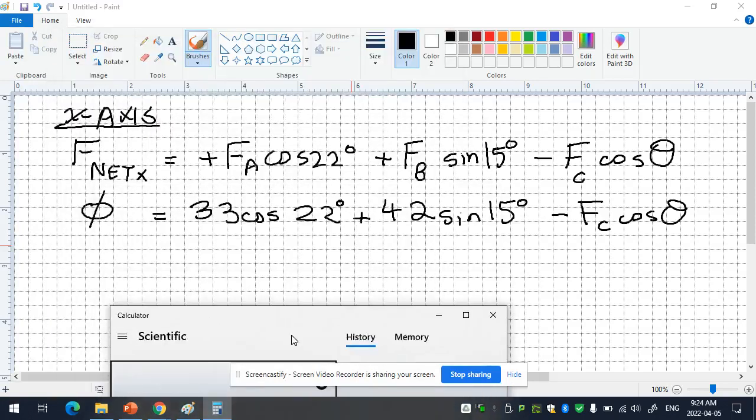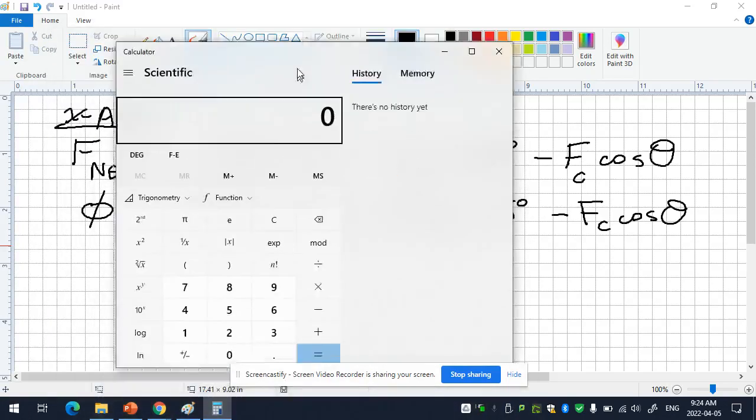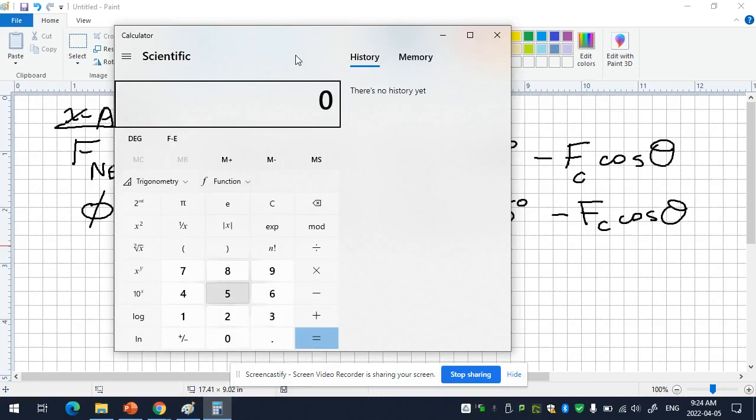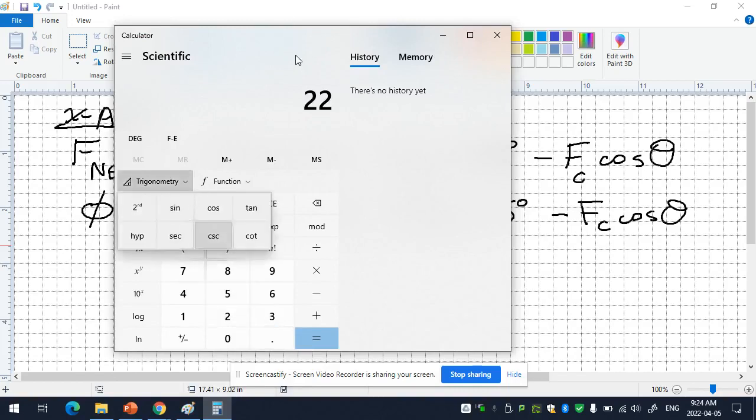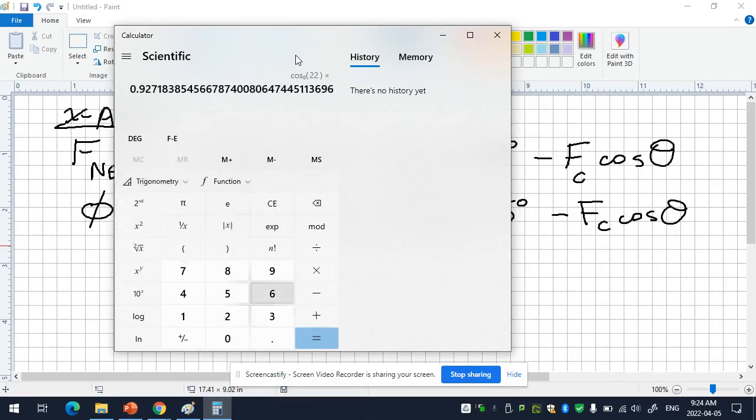33 cosine plus 42 sine. So I need to put cosine first. Okay, hold on. Let me see how we're going to do it.